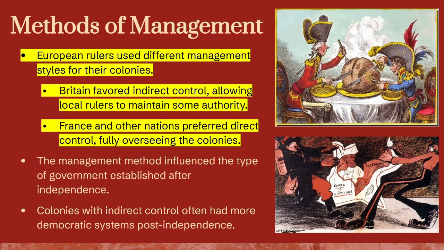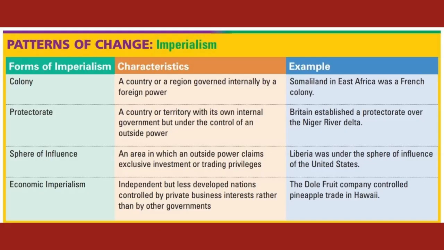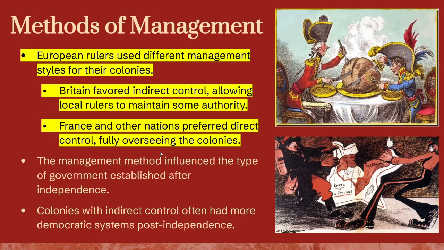So with indirect control, a lot of times this would be something along the lines of a protectorate or a sphere of influence or economic imperialism, in that you don't have per se like a military leader having political control over the local African peoples, but you would have some kind of authority over their leaders.